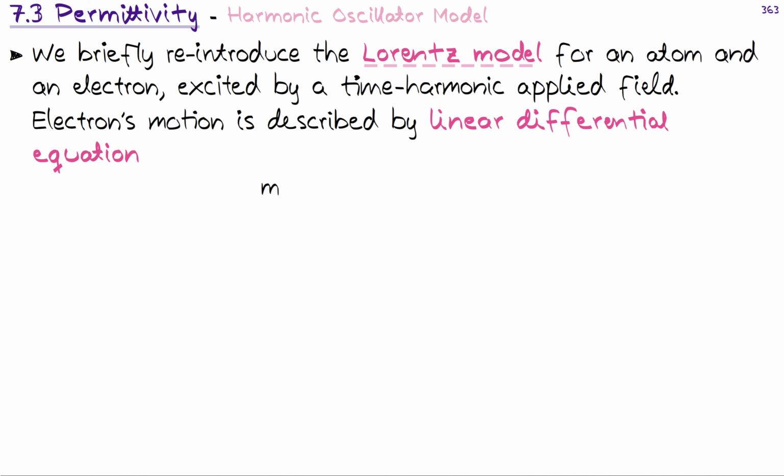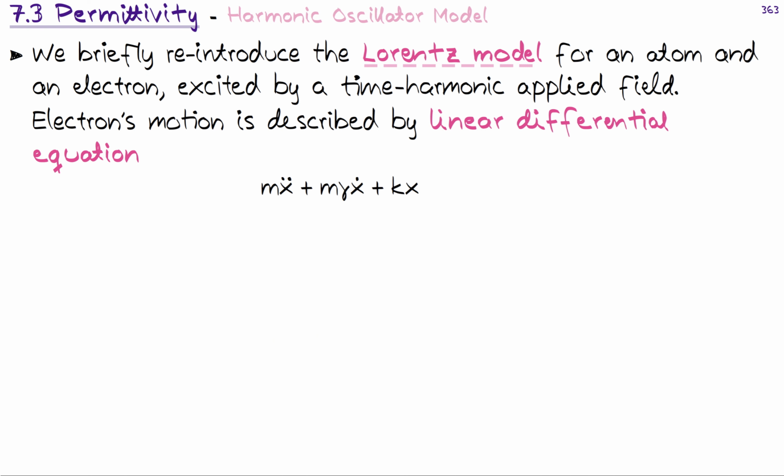So we have the mass of our electron m times the second time derivative of the displacement of the electron, x with two dots signifying two time derivatives, and then we have a damping term: the mass m times the damping term gamma times the first time derivative of the electron displacement x, plus kx.